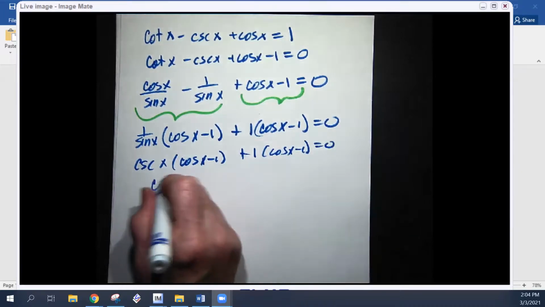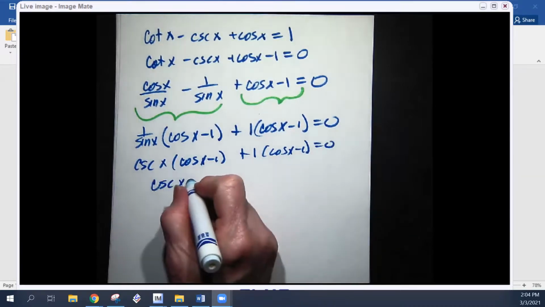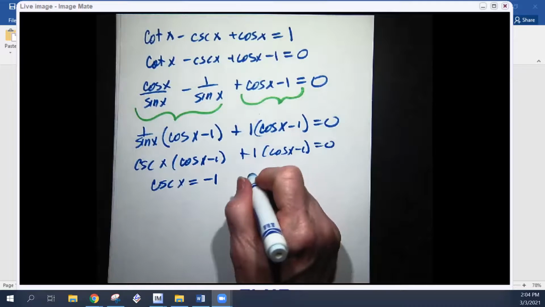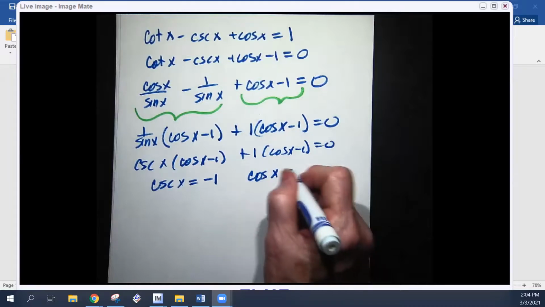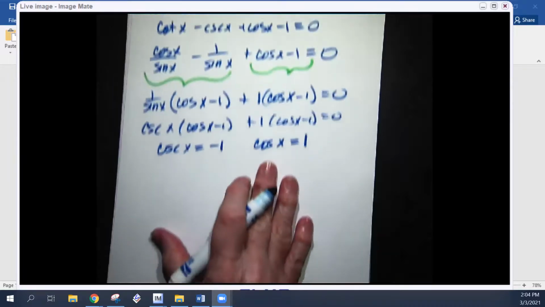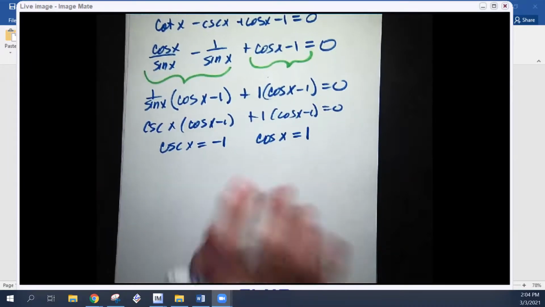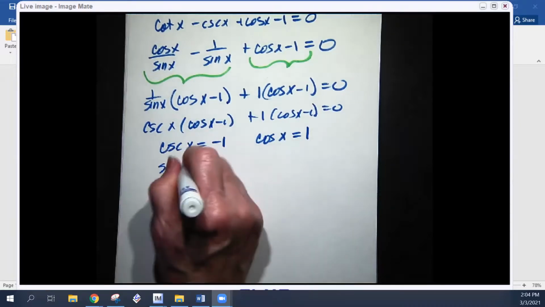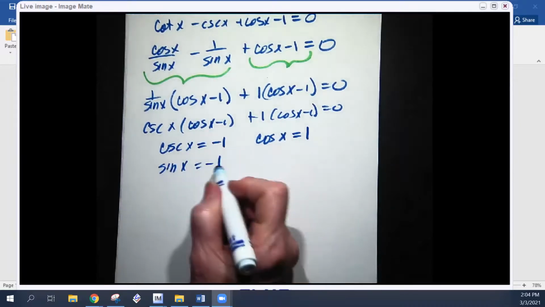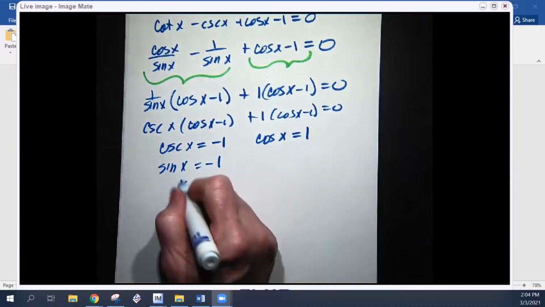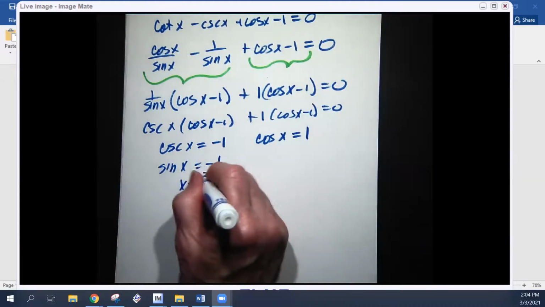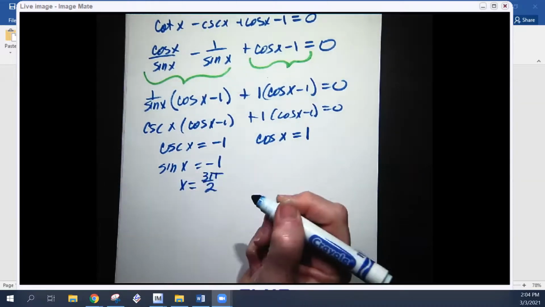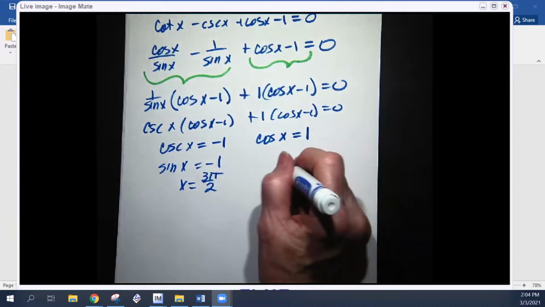So that leaves me cosecant x equals -1 and cosine x is equal to 1. Okay. Cosecant goes with sine, so flipping it says that's the same as sine x equals -1. So x equals 3 pi half. And cosine x equals 1 at 0.